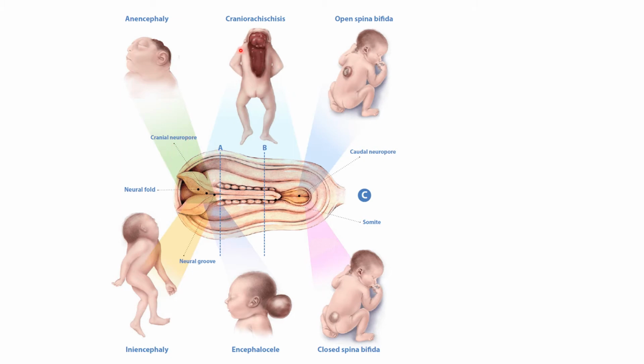And if craniorachischisis happens, which means the cranial region is involved as well as the rest of the vertebral column, where the neural tube is exposed externally, then the condition is called craniorachischisis.